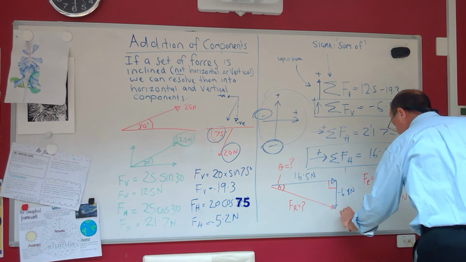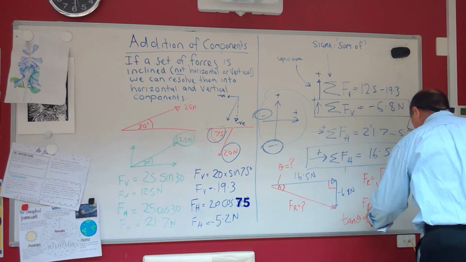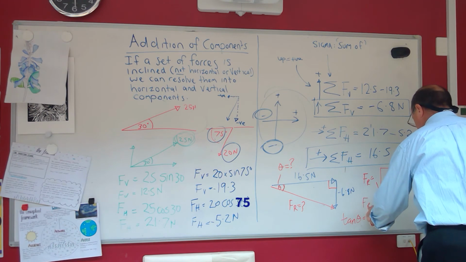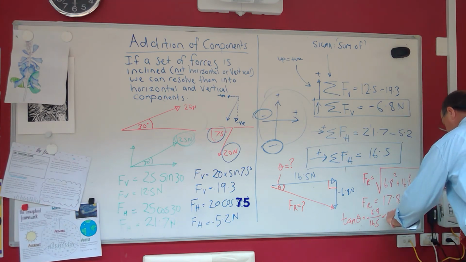So we go tan theta equals 6.8 over 16.5, and we get approximately, when we do it as an angle, theta equals 22.5 degrees.